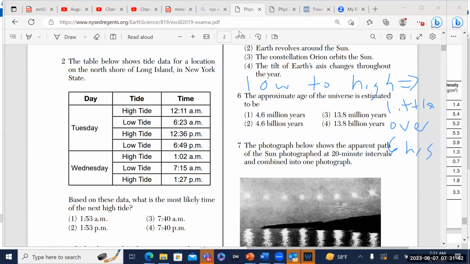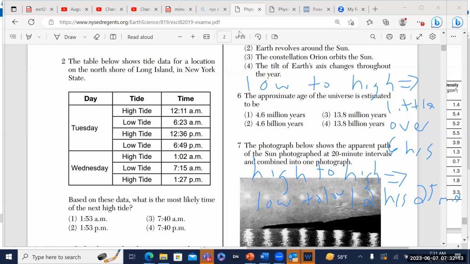If you're going from a high tide to another high tide, approximately, and this is an estimate, it's about 12 hours, 25 minutes. The same is true if you go from a low to a low. So low to high and high to low is a little over 6 hours; high to high and low to low is 12 hours and 25 minutes.